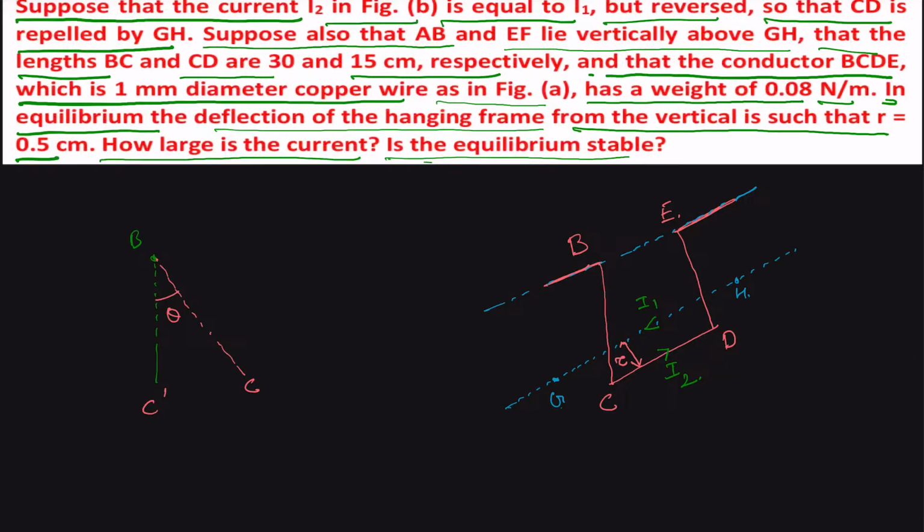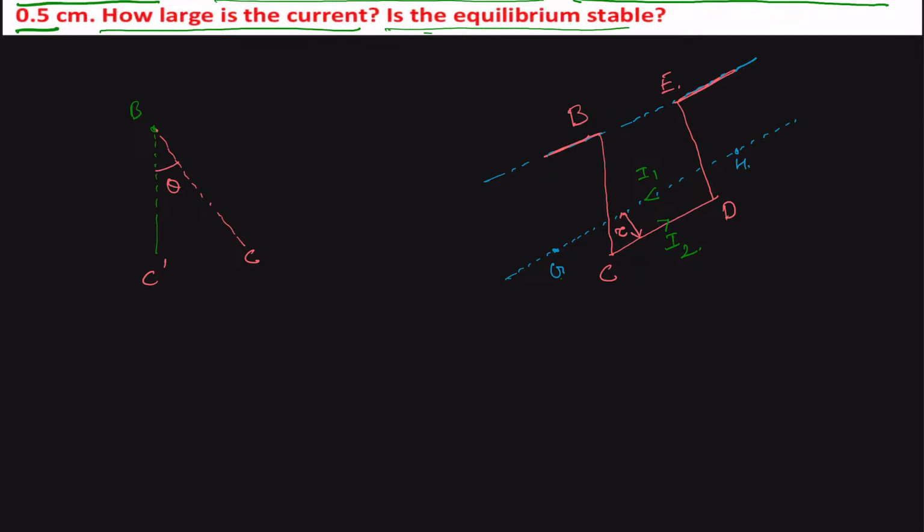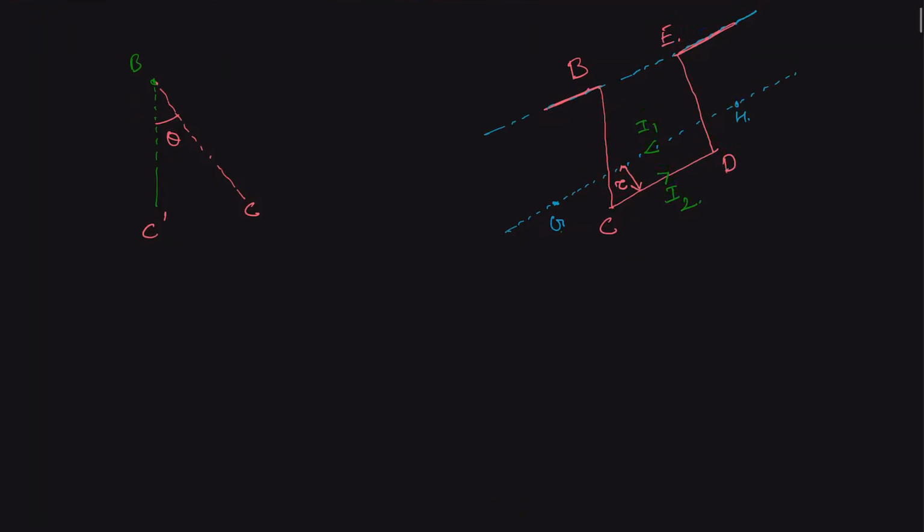So the various things that are given to us. First of all, we are given that our BC and the vertical sides of the frame, so we can say we are having the vertical sides, and these vertical sides are our BC and our DE, and their length is given as 30 centimeter.